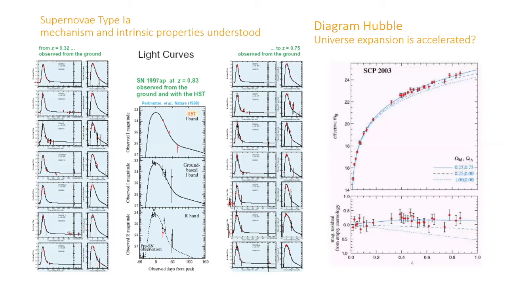Of course, the dimmer they are, the farther they are, because the mechanism of their explosion is rather uniform. So you expect their luminosity at the explosion to be about the same, and the intrinsic value of this peak to be the same. So the difference in the peak apparent magnitude would tell you the distance. So we use type A supernovae as a distance indicator for distant galaxies.